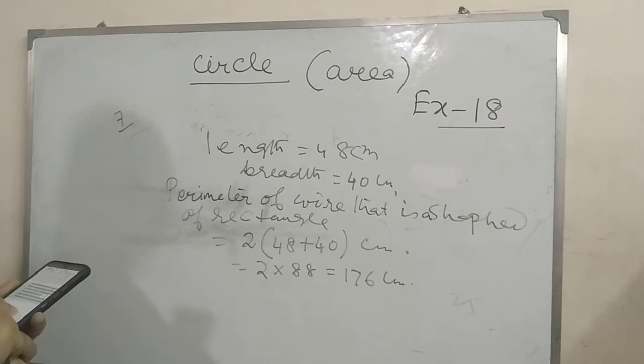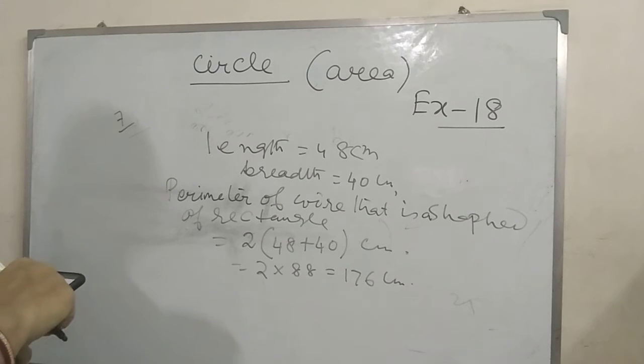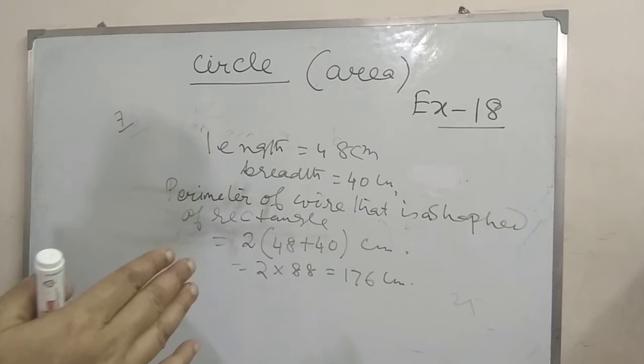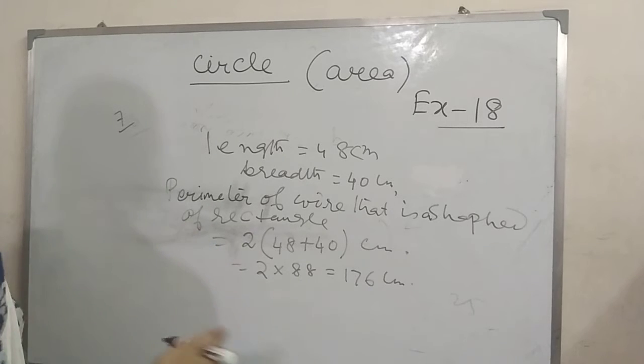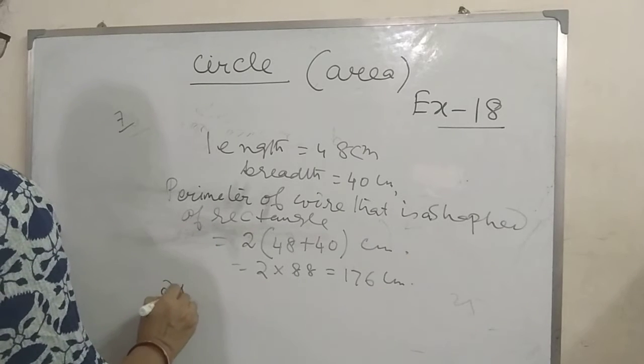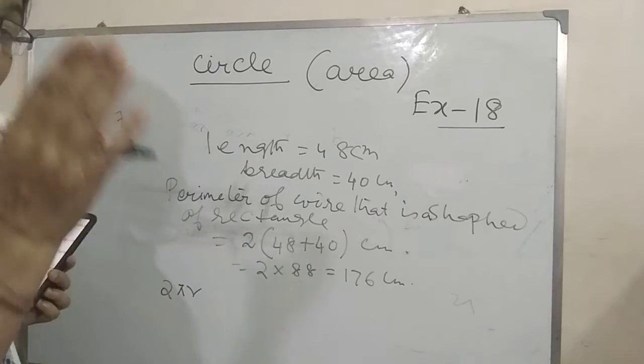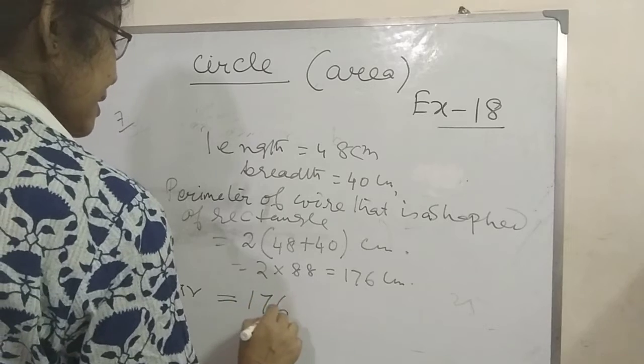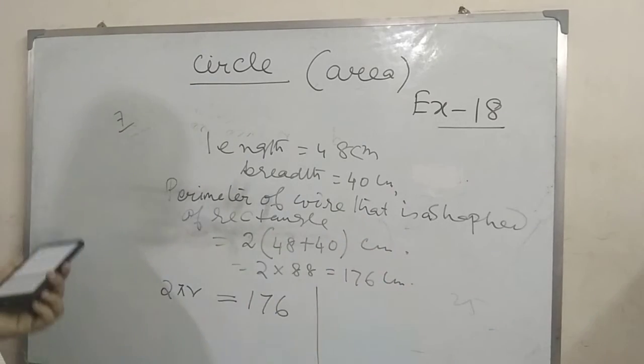And the next portion: when the same length of wire is bent in the shape of a circle, then 2 pi r, where r is the radius of the circle, equals 176 because the length is the same.